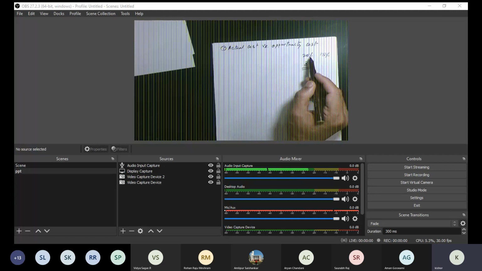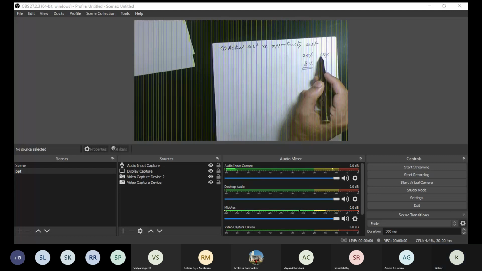The opportunity cost of investing your 1 lakh rupees here will be 15,000. Opportunity cost is the return from the next best alternative forgone or sacrificed.